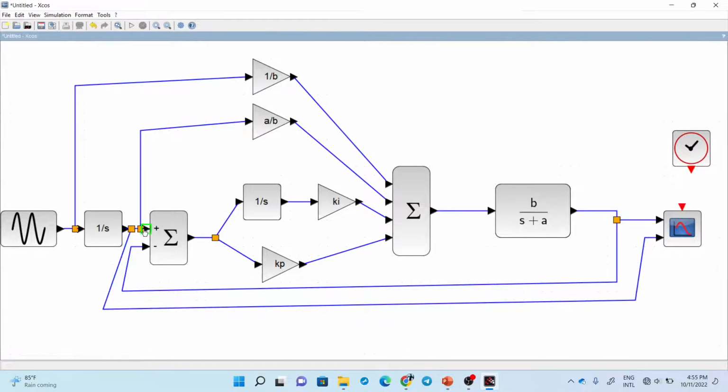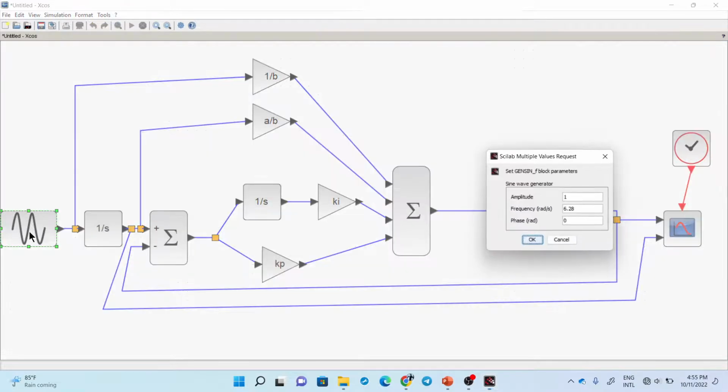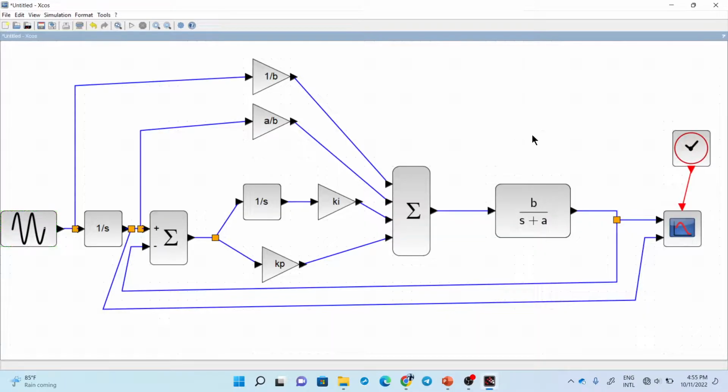Reference is omega d, not omega d dot. I mean the desired. And for the sine wave, let me see. Frequency like 1 Hertz, so 6.28 radian per second. Amplitude is just 1. Okay, let's see it.